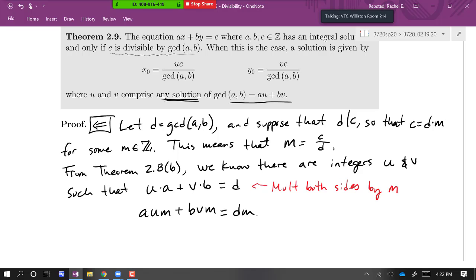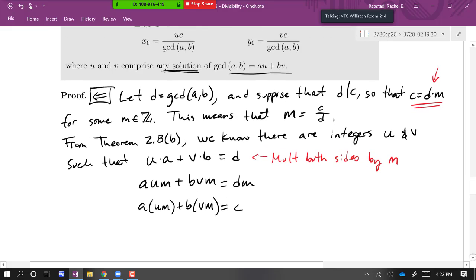What's D times M equal to? C, right? Yep. And we know it's C from up here, because we supposed that D divides C, so that C was D times some integer M. And on the left side here, I'm just going to rewrite this by emphasizing the grouping.